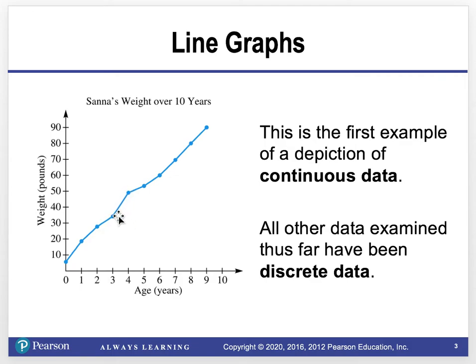Here's where she's 4. So when she's 3 years old, she's a little over 30 pounds. And she has a big growth spurt between the ages of 3 and 4. So it makes sense to connect those data because the data is continuous. And of course then discrete just means it's not continuous, right? It's separate individual points.